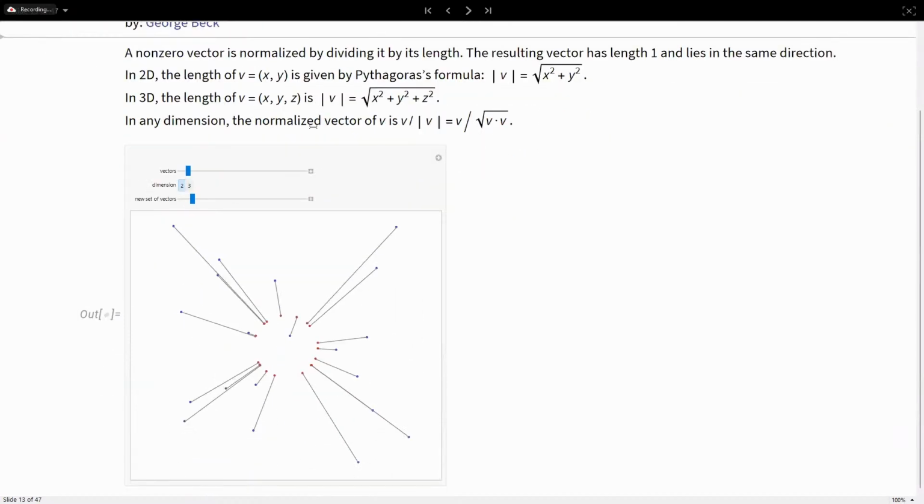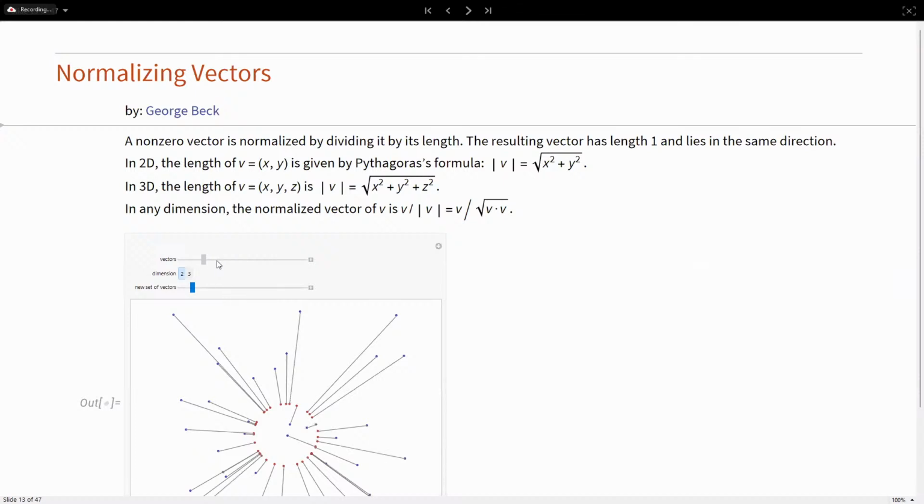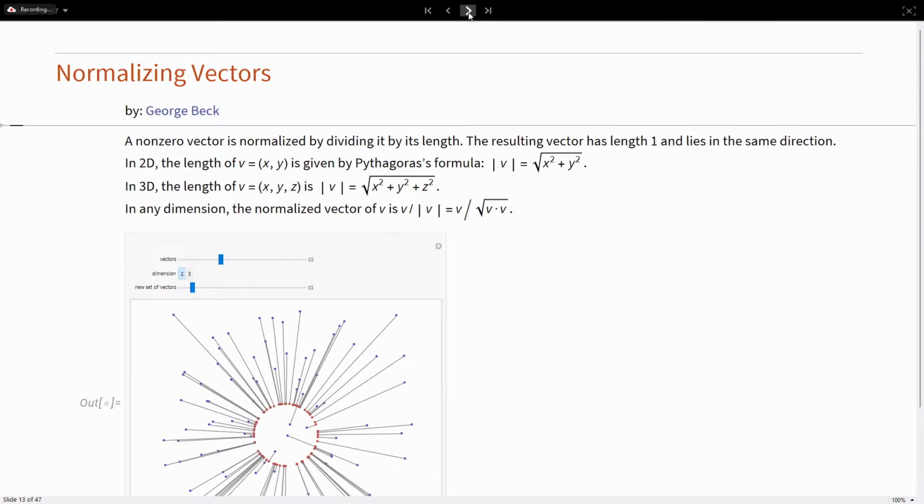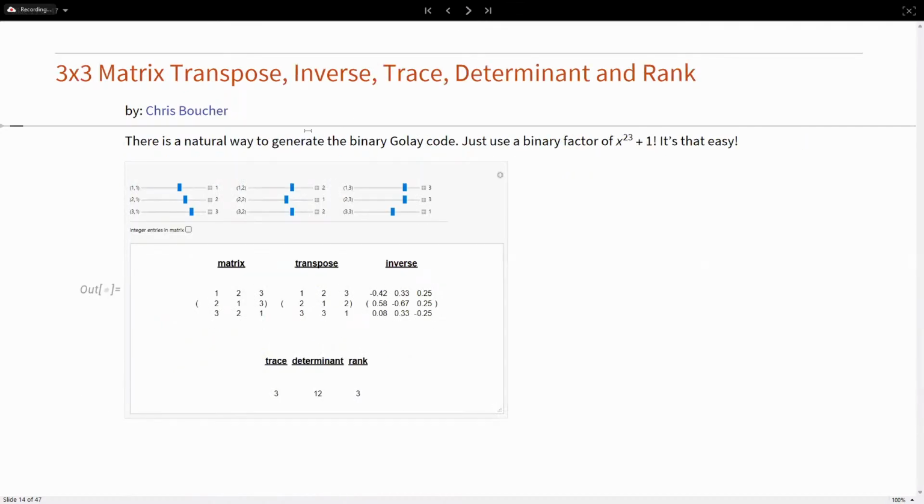We can normalize the vectors, and we get points on the unit circle when we normalize them. And then we can move up to more complicated matrices, and you get such things as the transpose and the inverse of a matrix.